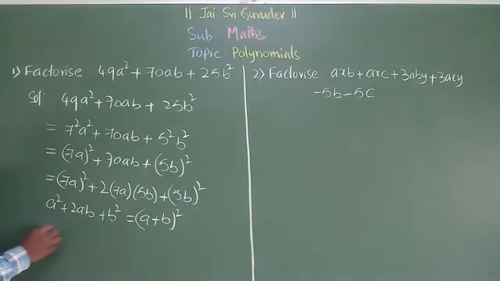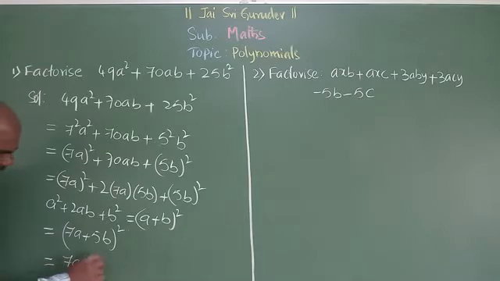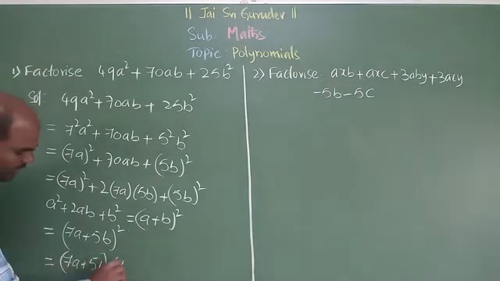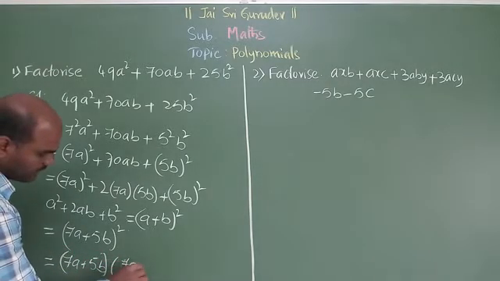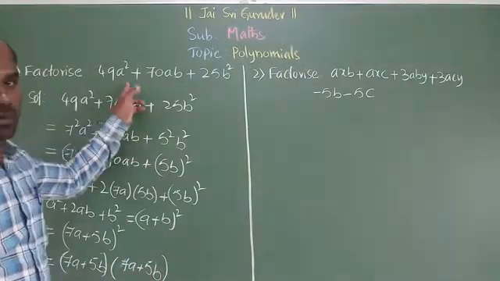So it equals 7a plus 5b whole square. Now we find the factors: 7a plus 5b into 7a plus 5b. These are all the factors of the given problem.